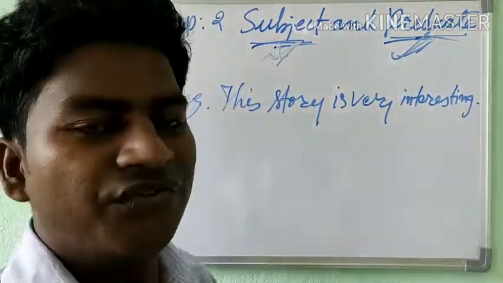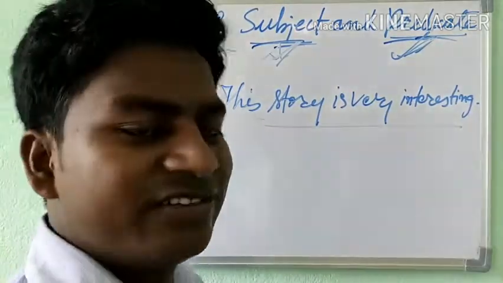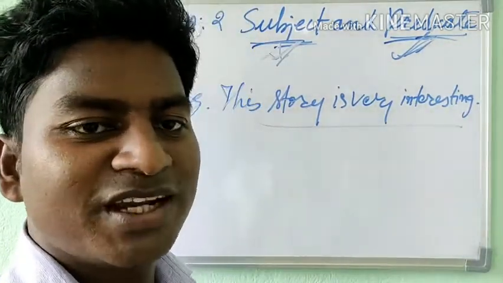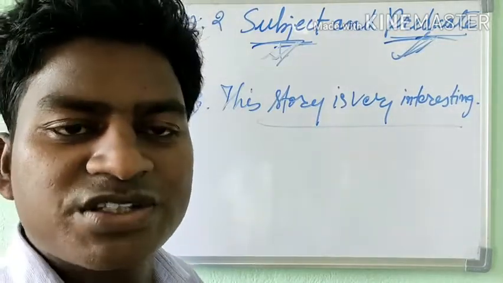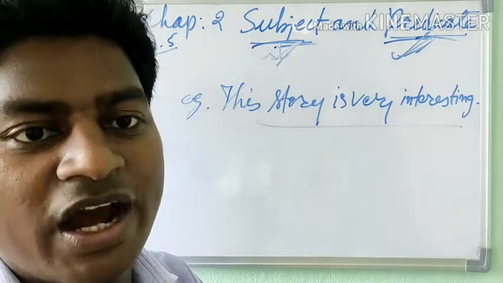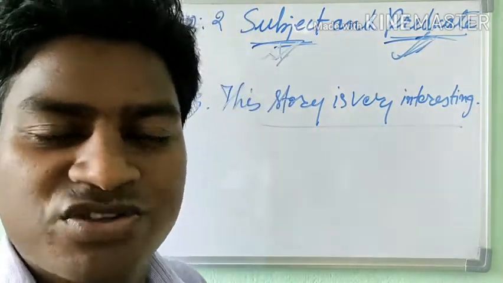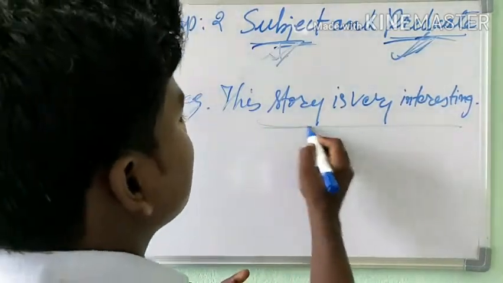Another example. Let's look at this sentence. This story is very interesting. Now let's find out the subject. To find out the subject in a sentence, we always have to ask, what is this sentence about? Now, what is this sentence about?